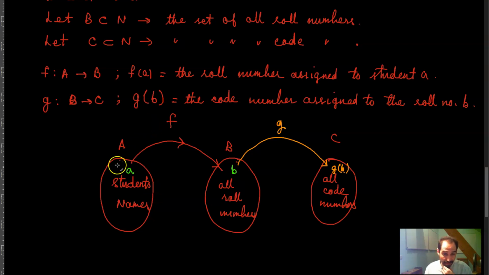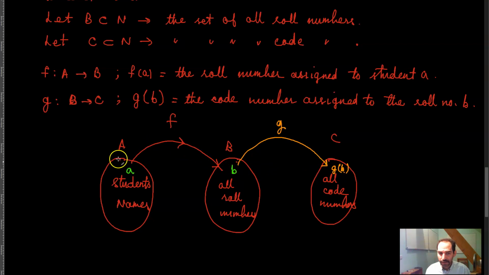So that means that you have the student names over here. Through function f, those student names will be assigned to some roll numbers, and through function g, the same roll numbers will be assigned to some code numbers. That's basically how this works. So now in this process, each student is assigned to a roll number through the function f, and each roll number is assigned to a code number through the function g.